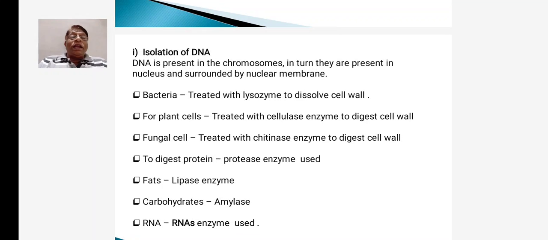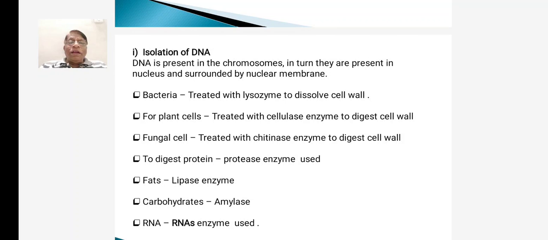Isolation of DNA. You know the DNA is present in the cells, that is, within the nucleus. In the nucleus, DNA is present in the chromosomes. How to isolate this DNA from the chromosomes?